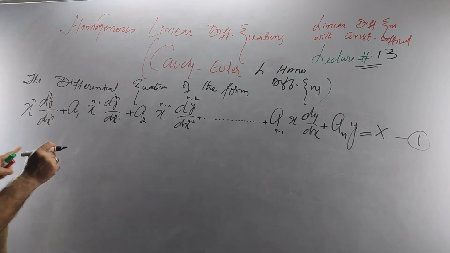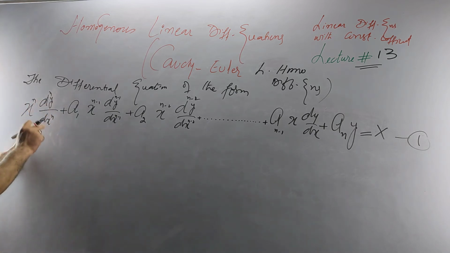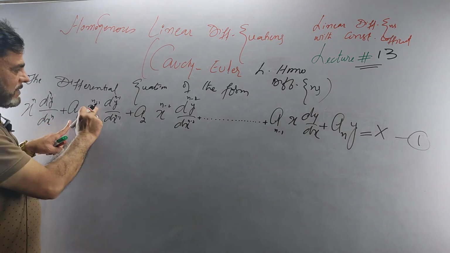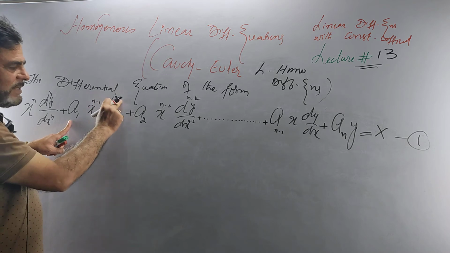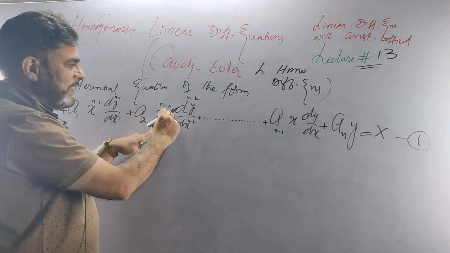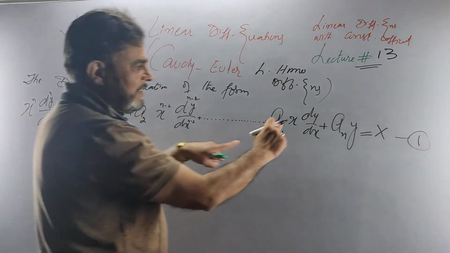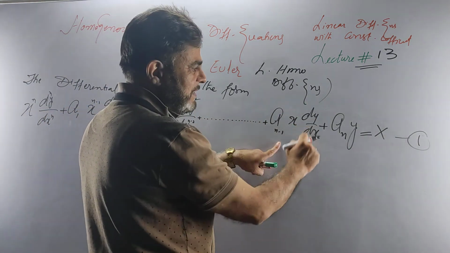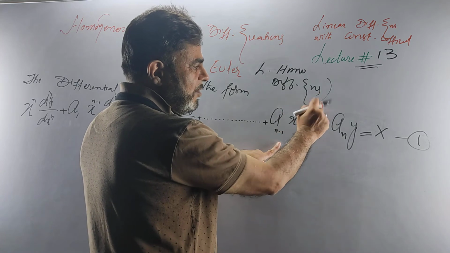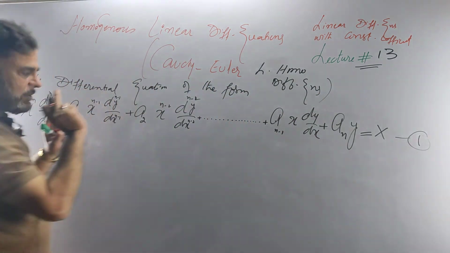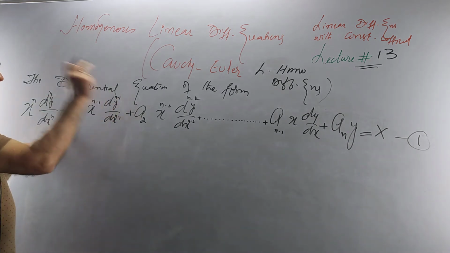Here x^n d^n y/dx^n, with some constant a1. Then x^(n-1) with derivative order n-1, x^(n-2) with order n-2, and finally x^1 dy/dx. The power of x and the order of the derivative match in each term.